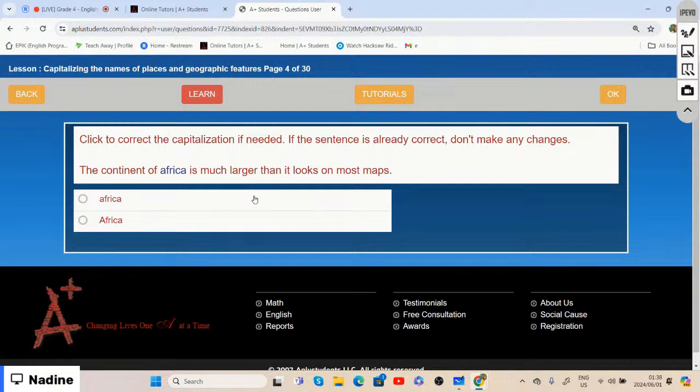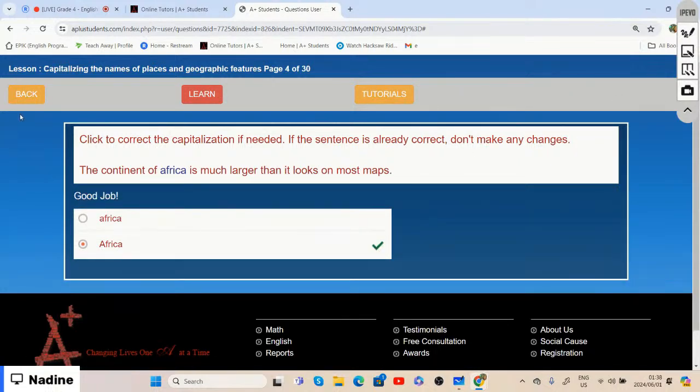And if we were to correct Africa, then we will write it with a capital letter. Capital letter A for Africa. All right, well done.